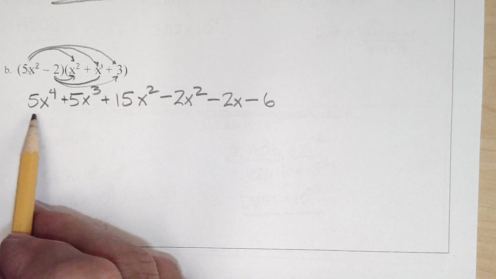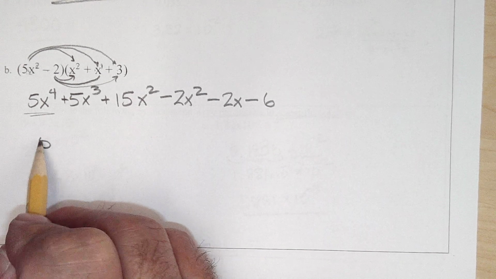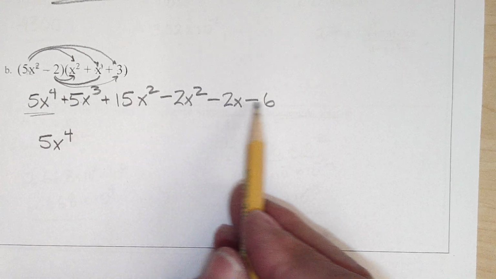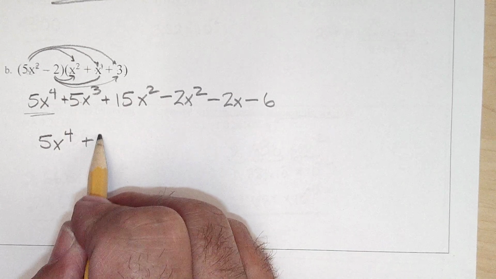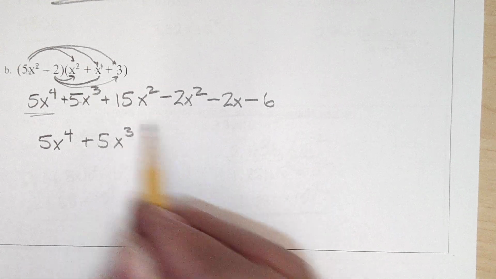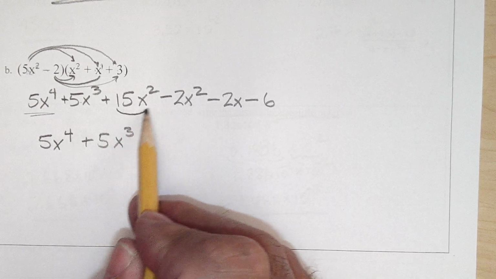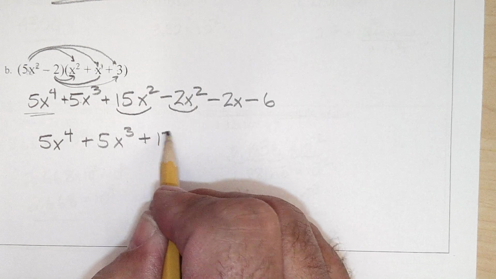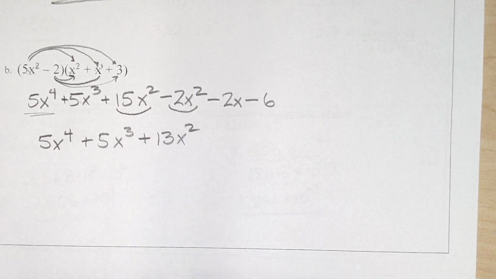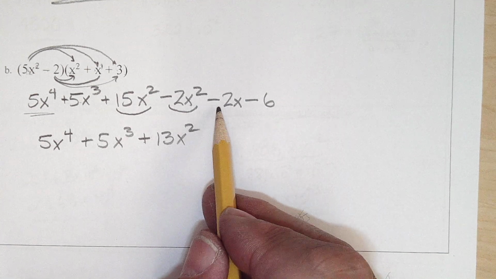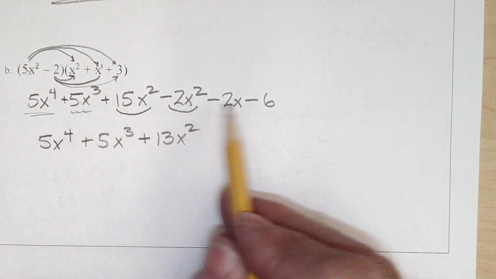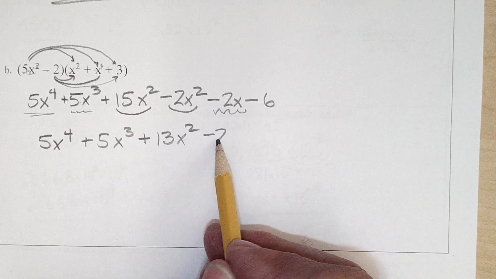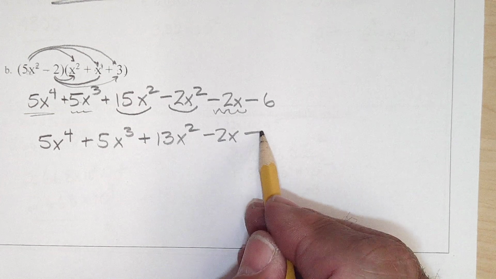Combining like terms, there's my highest power. x to the thirds, only this one. x to the seconds, I got plus 15, subtract 2, so that's plus 13x squareds. This is my only x term, minus 2 of them, and minus 6.